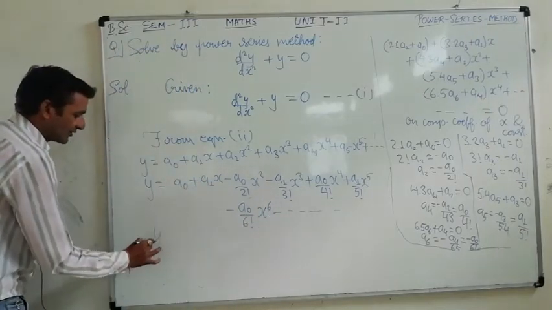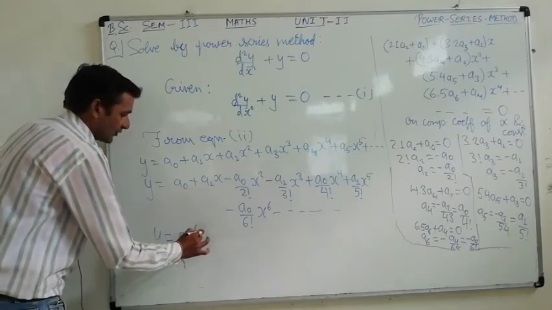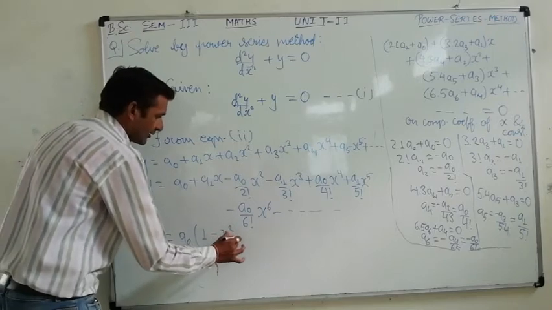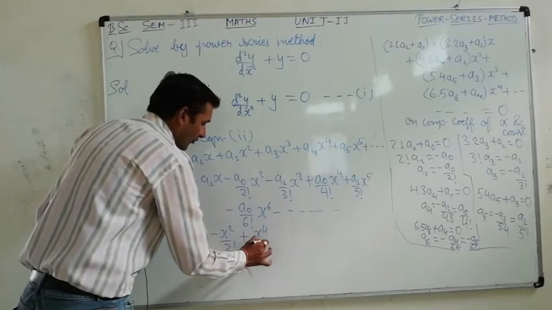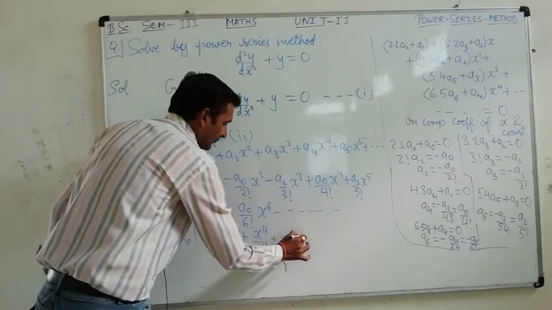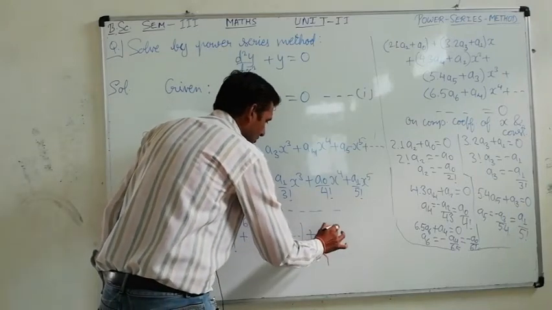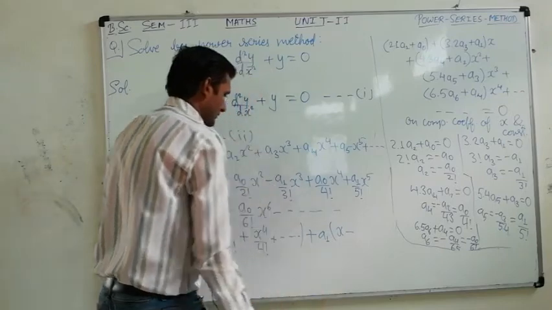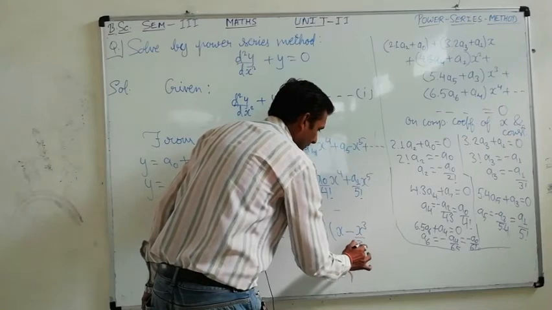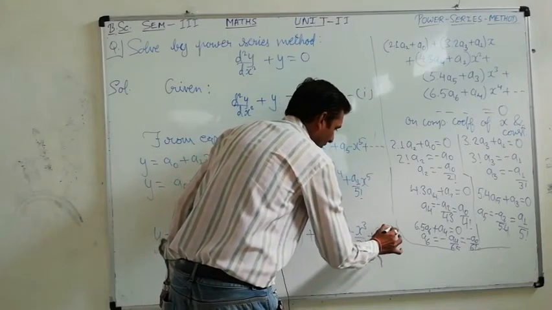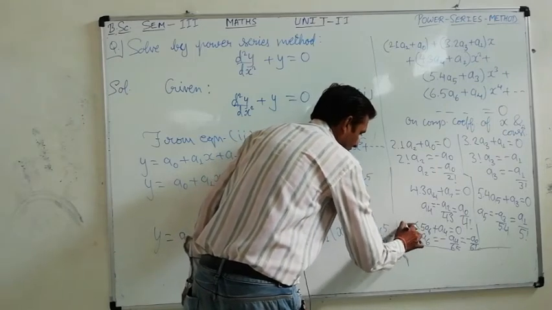So, we can say y is equal to, if we take a0 common, 1 minus x square upon 2 factorial plus x raised to the power 4 upon 4 factorial, and so on, plus a1 common, so it will be x minus x cube upon 3 factorial plus x raised to the power 5 upon 5 factorial, and so on, like this.